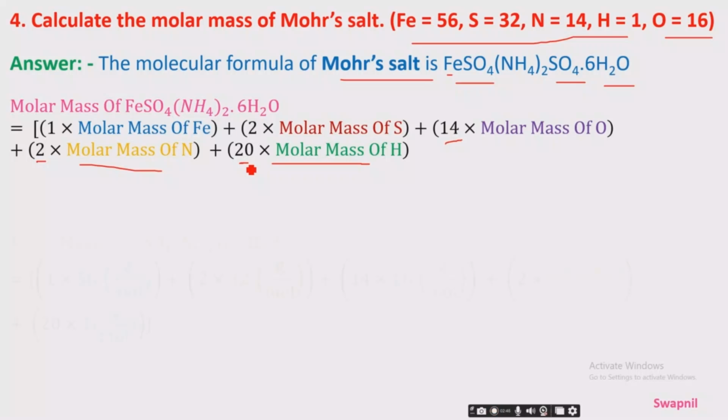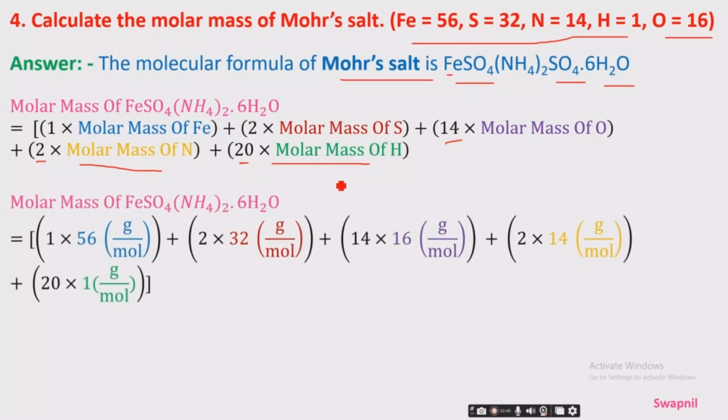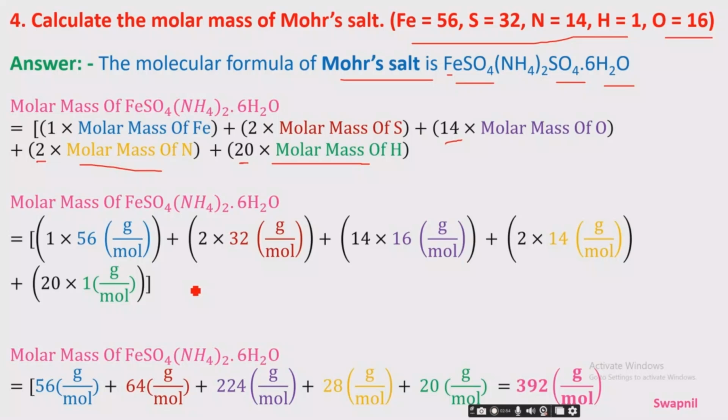So by substituting the values of molar masses of all these elements and doing the calculations, we get the molar mass of ferrous ammonium sulfate as 392 gram per mole.